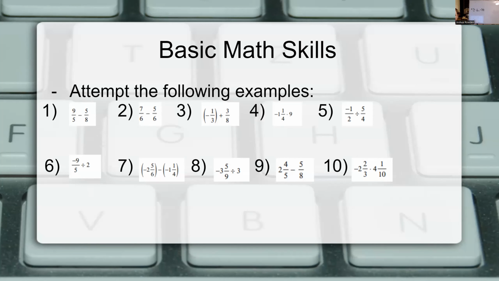All right, I'm assuming if you're here, you've already done these 10 problems yourself. So let's go ahead and go through them. So first one, 9 fifths minus 5/8. I'm just going to write these down and I'll see if I can do 5 at a time if I can fit them here. 7 over 6 minus 5 over 6.